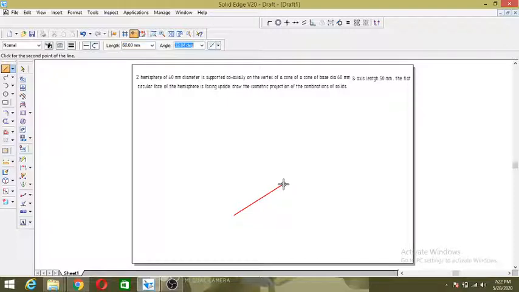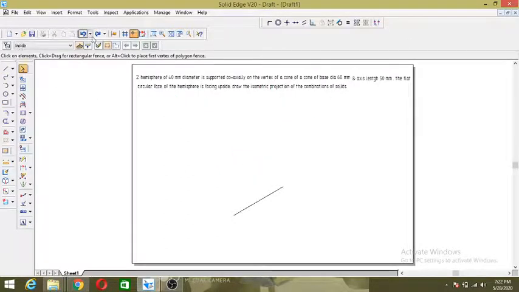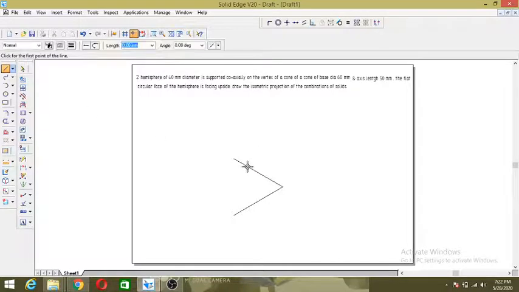60 at an angle 30, enter. 60 at an angle 150, again 60 at an angle minus 150, enter. Okay, it is Z if you want to move. 60 over here, 60 at an angle minus 150, then join this.